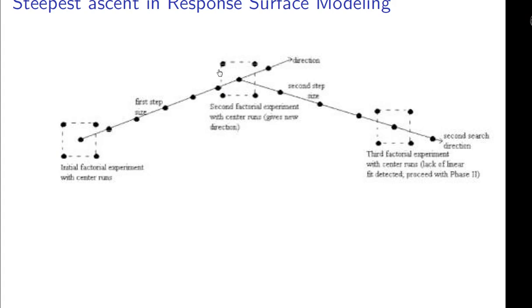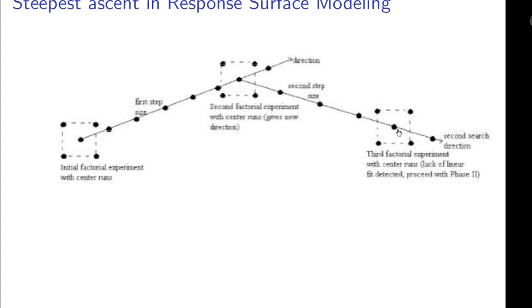Eventually you're going to get to a point where you don't have a good fit, and then you see I'm circling another set of experiments, another fractional run with center points. It'll give us a new direction, and I'll follow in this direction that's going toward the right-hand side of the screen. And the step size, as you can see, is different. There are larger steps here than there are over here. It might be chosen for process knowledge or some other reason.